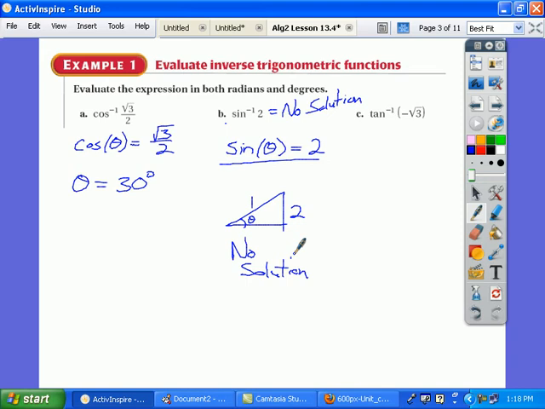Right. So the question is, how is cosecant different than sine inverse? And so the easiest way to explain it might be that our sine values and our cosecant values are similar. They're reciprocals.